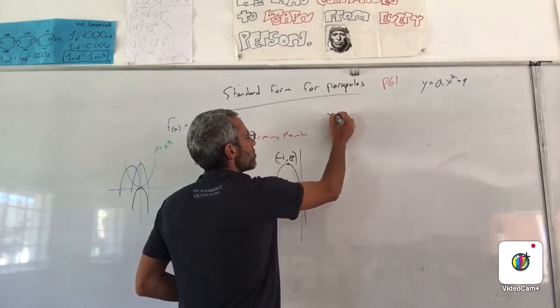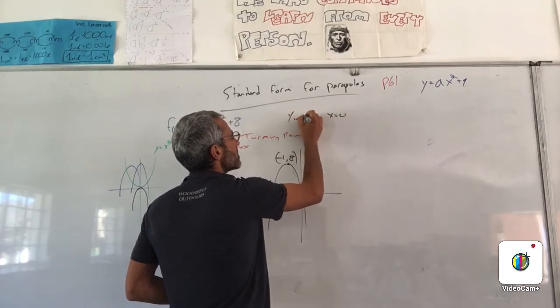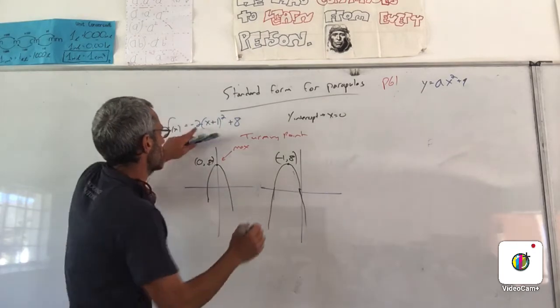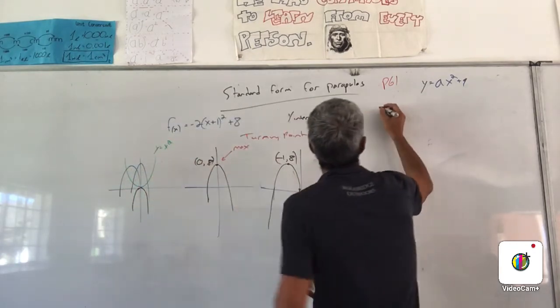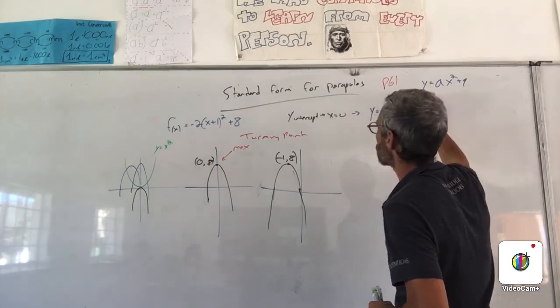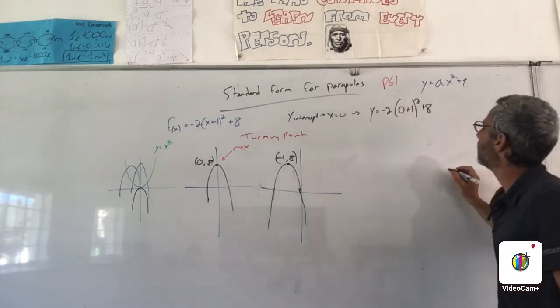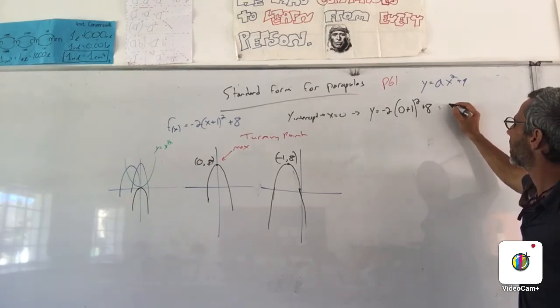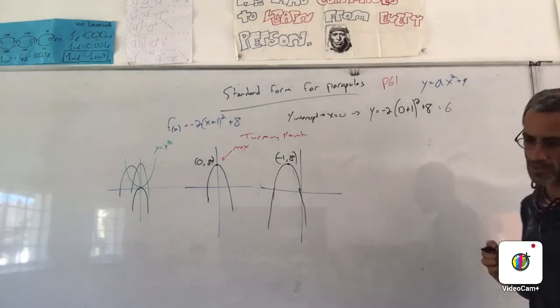Put x equals 0. So y-intercept means x equals 0. So we put x equals 0 there. I'm going to say y equals -2 times (0 plus 1) squared, plus 8. And if you check that, what do we get? -2 plus 8. I think I'm getting 6. Just check for me.